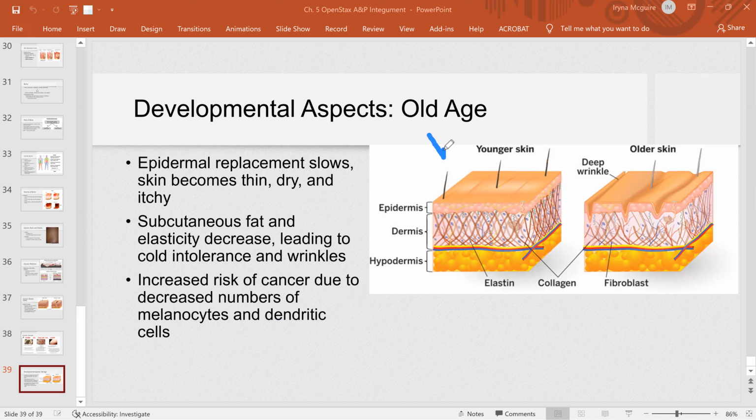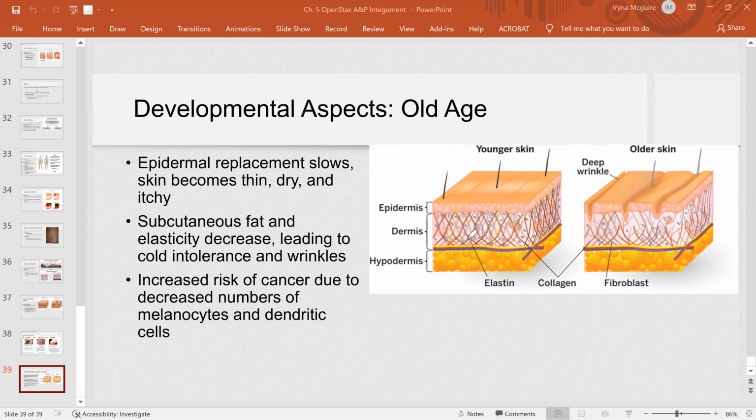Now over here, I really like this diagram because it shows you younger skin compared to older skin. And what we want to look at is the collagen fiber and elastin. So you see, it has a nice, very precise pattern over here. And you have this fibroblast that actually produces those fibers. So fibroblasts are cells that will synthesize collagen and elastin.